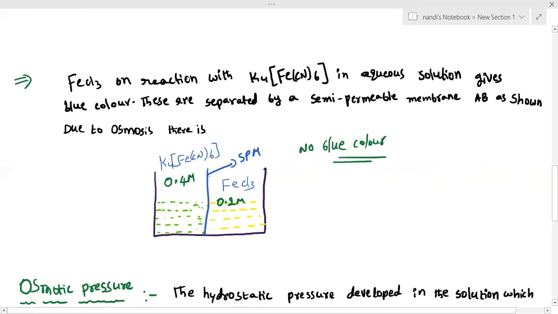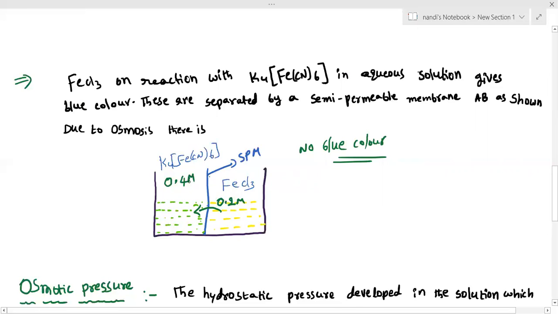No blue color. The reason here is that only solvent molecules can flow from FeCl3 to K4[Fe(CN)6]. Solvent can move, sir, only solvent. What is the role of SPM? It allows only solvent molecules, not solute molecules. When solute particles combine, only then will color be formed. By moving solvent molecules, it won't form any color.